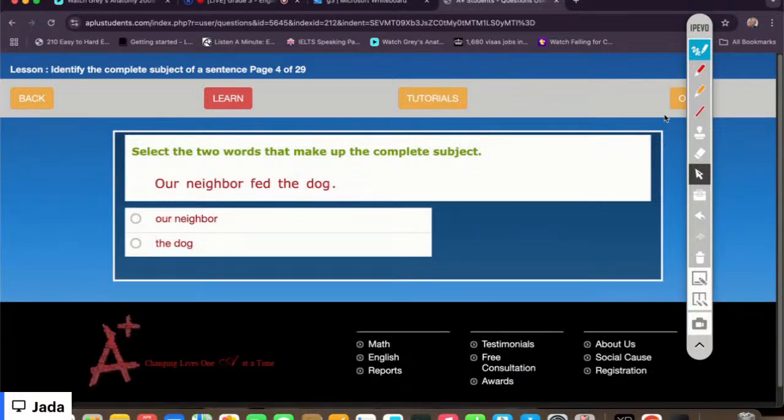Our neighbor fed the dog. What's the subject here? You need two words that make up the subjects.